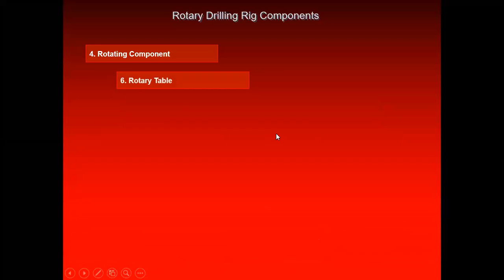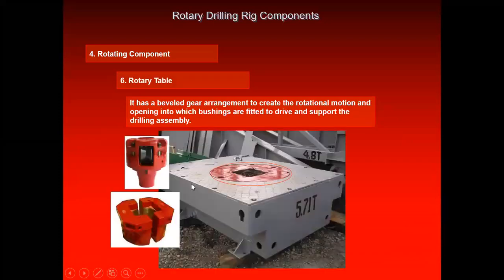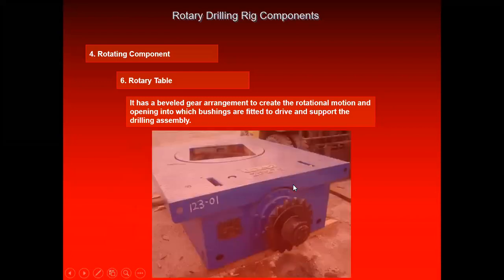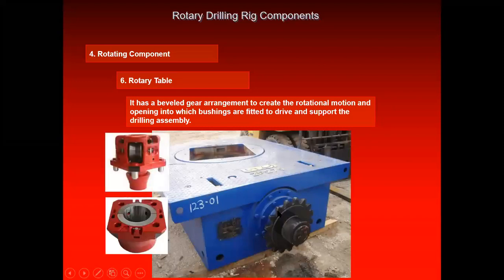This is the rotary table. Here is the turntable. Sometimes we call it a turntable, sometimes we call it a rotary table. So this is the table put on the rig floor, and here you can see the master bushing. In the master bushing, we have the Kelly bushing inside, and the pipe goes inside through this one, which goes down here. This one is definitely rotated by the motors or electric motors.